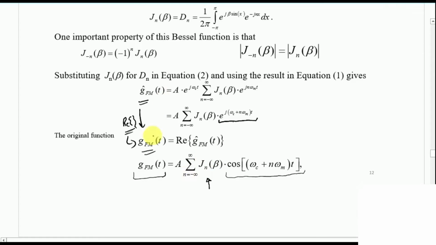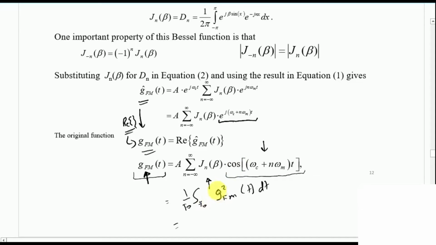Before we move on, let's talk again about the power of this signal. What would be the power? If you take the power of this signal, it will become 1 by time period T naught, integral of g fm square of t dt. Since this is a cos function, if we square it, as I mentioned previously, it will become 1 by 2 plus 1 by 2 cos 2 theta.